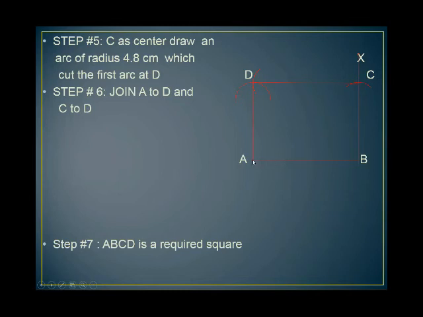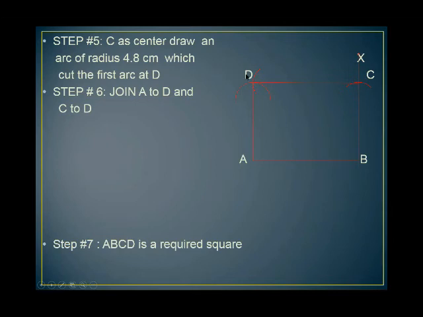And now with the same measurement, we take A as a center and draw another arc of the same measure, that is 4.8 centimeter. And now again taking C as a center, we draw another arc of the same measure which cuts the first arc at a point.